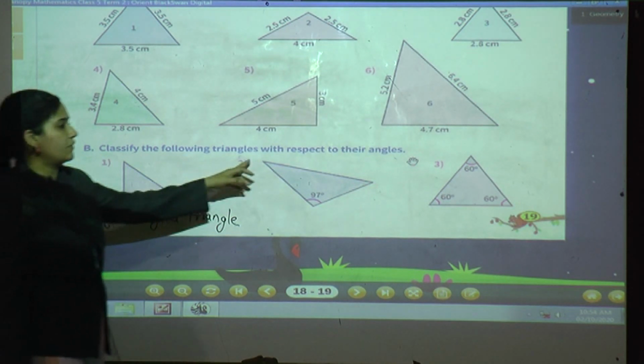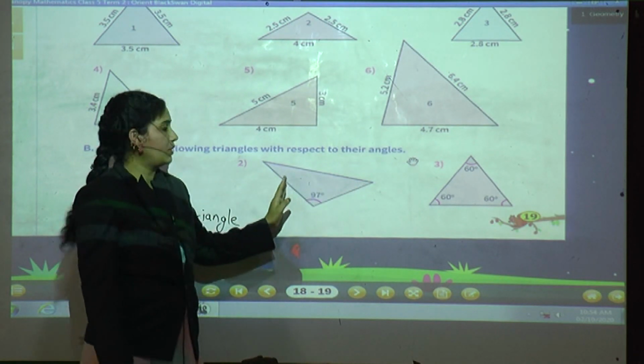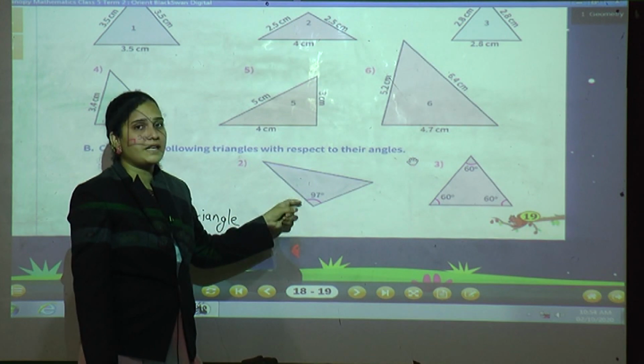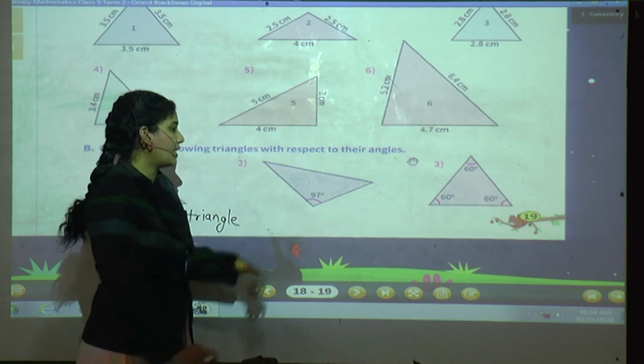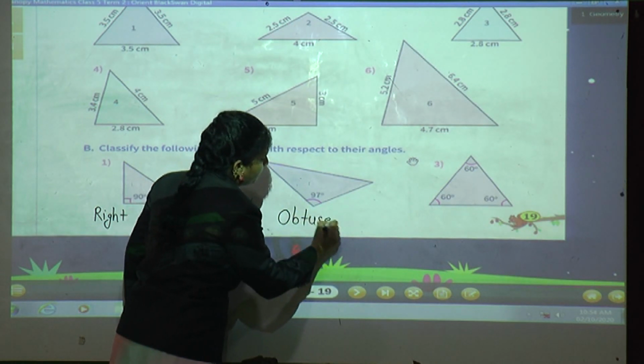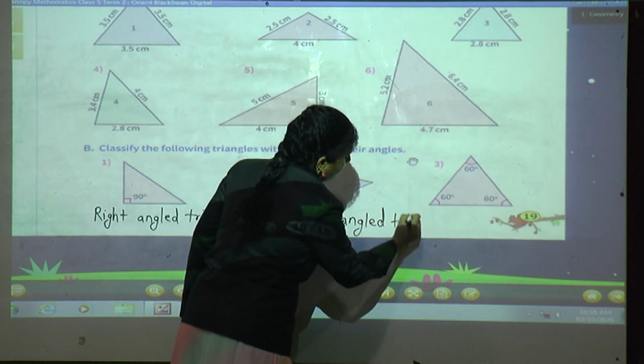And second one, see, here one angle is an obtuse angle, more than 90 degree. So that's why this is an obtuse angle triangle.